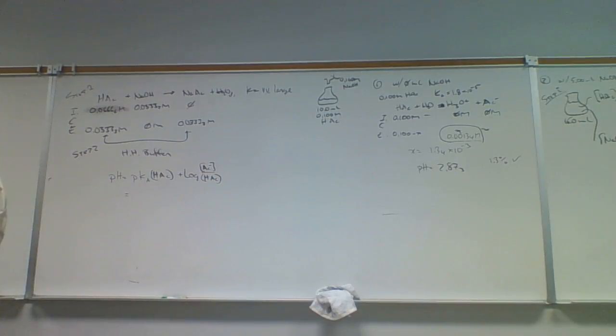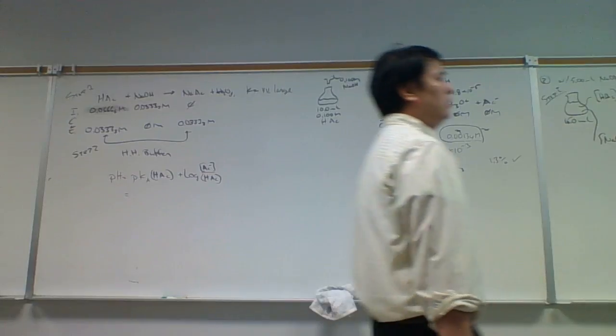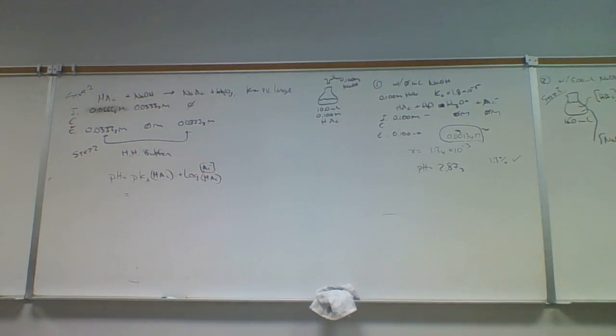So step 1 is a buffer because acetate is the weak base and acetic acid is the weak acid? It's not step 1, step 2. Step 1 is always the neutralization reaction. What you end up with after step 2 is a buffer, and so this is why from here up to here is the buffer region.